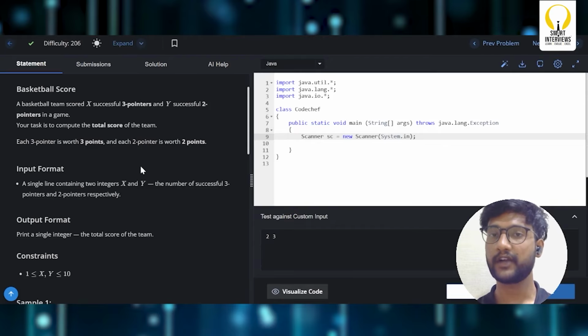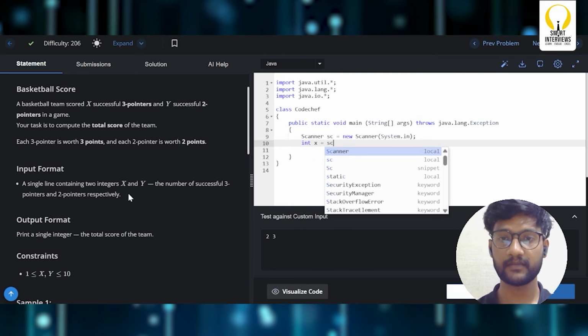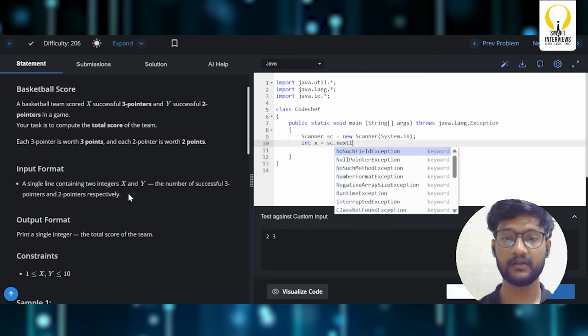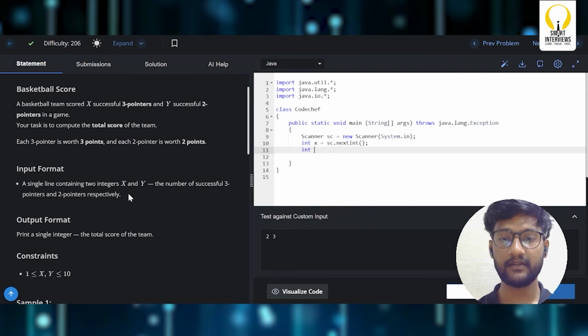So guys, now we'll try to convert our logic into code, what we have discussed previously. I will provide this problem link in the description, guys. They're giving two inputs, right? We'll take that. Let's say int x is equal to, we'll take the two integers, guys.